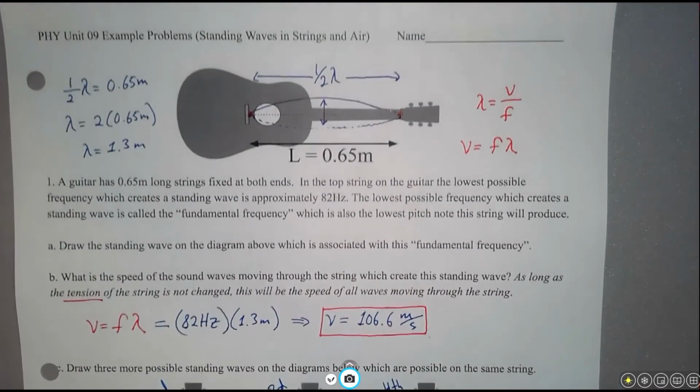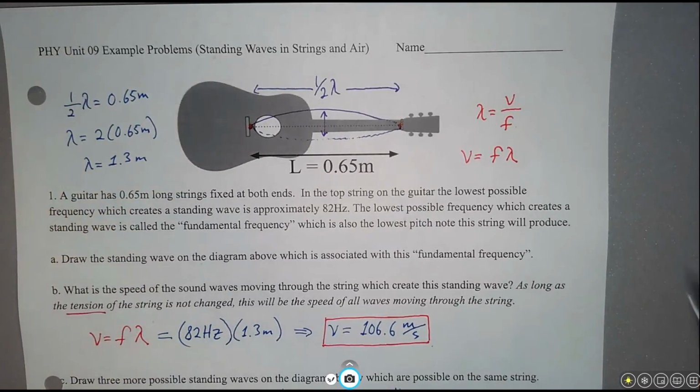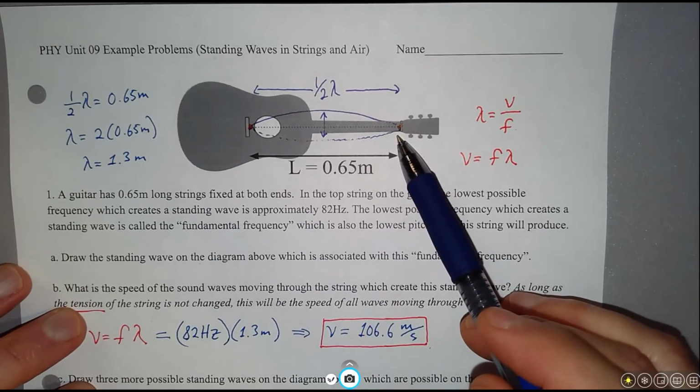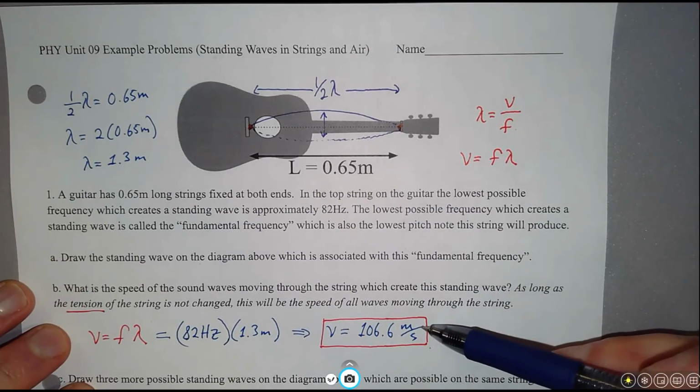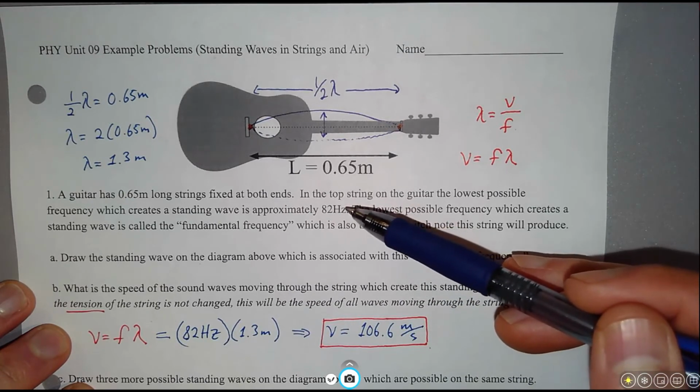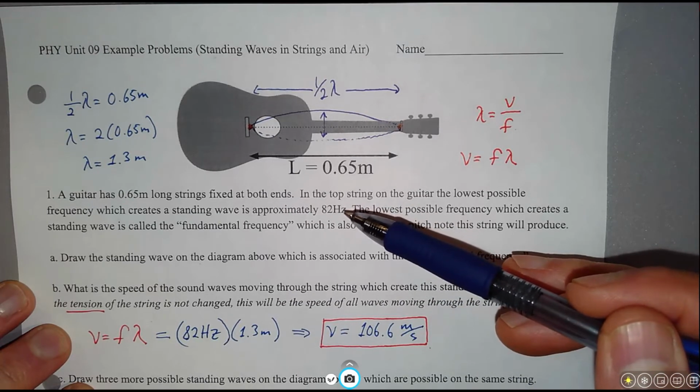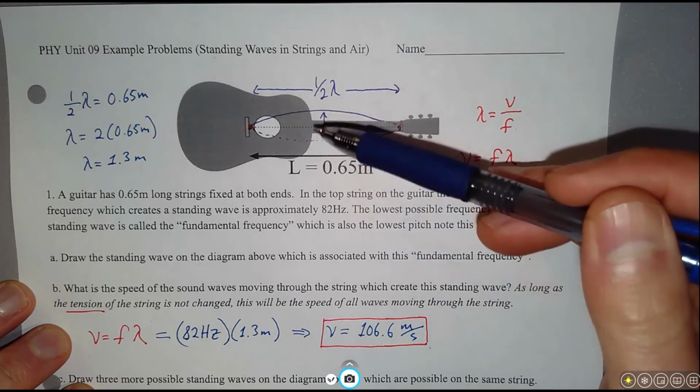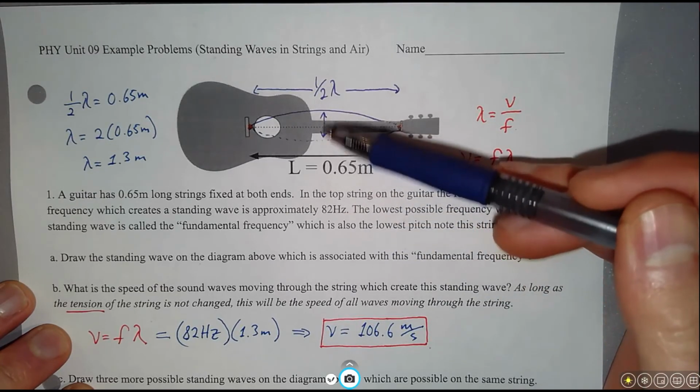So remember, with this standing wave up here, when a half of a wavelength fit in there, they were all moving at this speed, 106.6 meters per second, and the frequency that the standing wave was vibrating at was 82 hertz. So this thing was shaking back and forth 82 times each and every second.